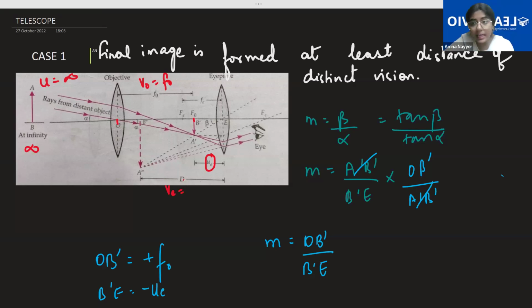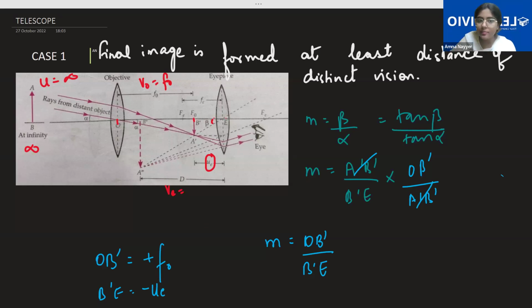Now, the definitions of beta and alpha will be the same. What was beta? The angle subtended by the image on the human eye. Here is the image, subtending angle beta. So tan beta will be A dash B dash divided by B dash E, perpendicular upon the base.